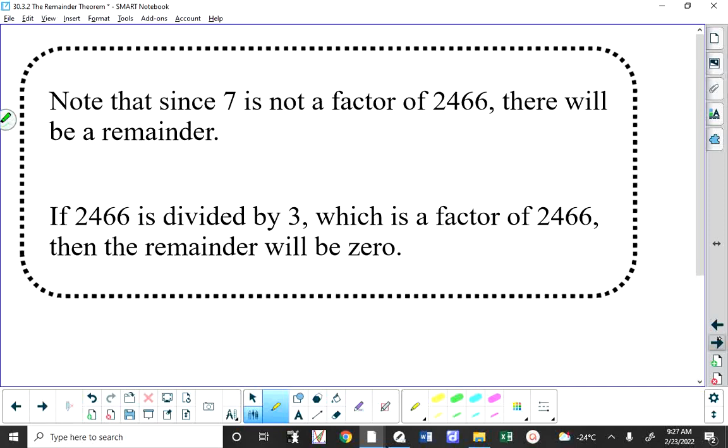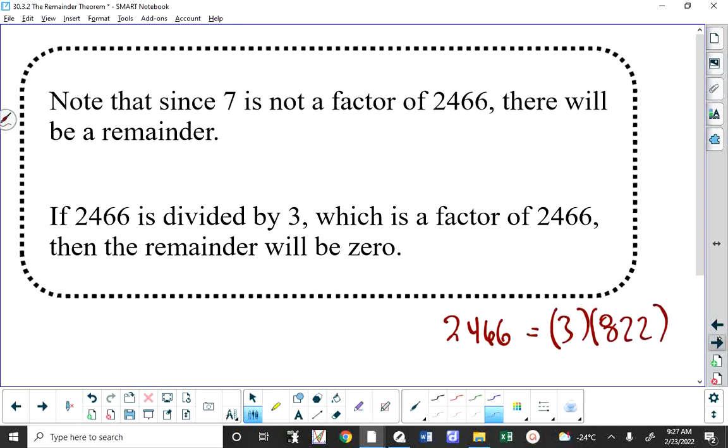And 822 is exactly 822, which means 2466 is 3 times 822. Think about that. 2466, since there's no remainder, is 3 times 822. Well, I've been trying to teach my students at every stage that a factor is something that's in brackets being multiplied. So 3 is a factor. That's why you don't get a remainder.